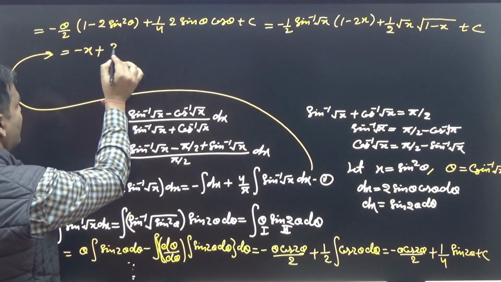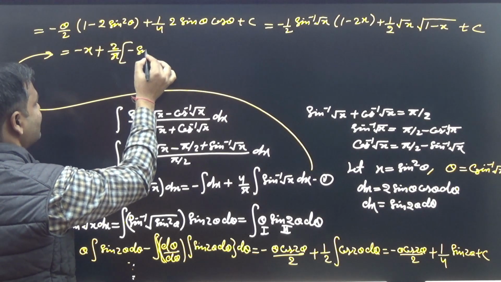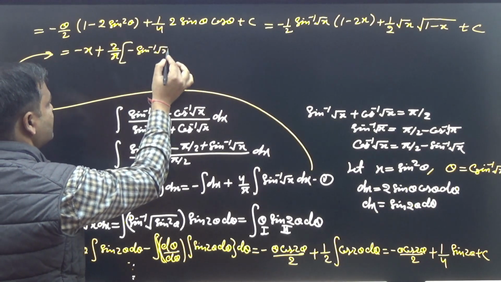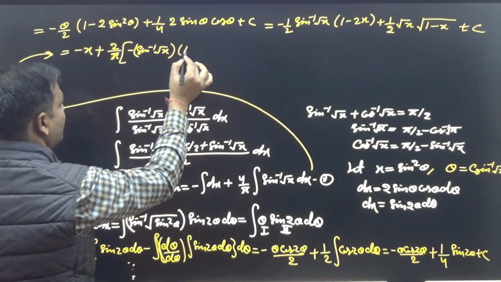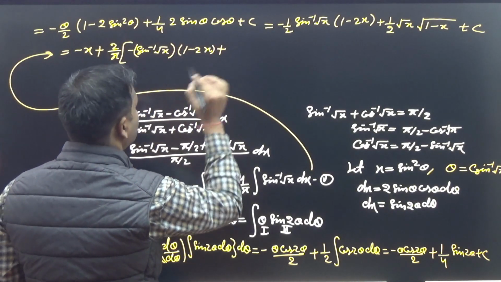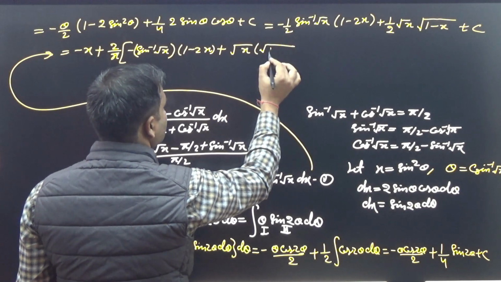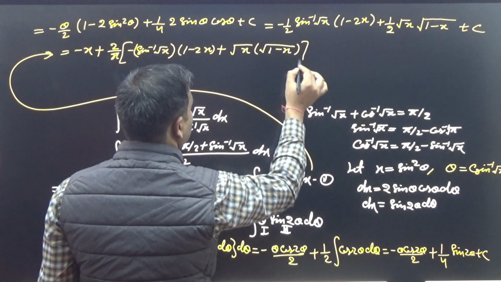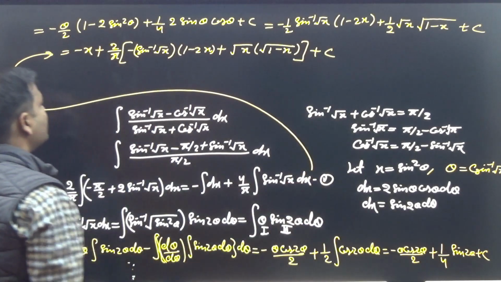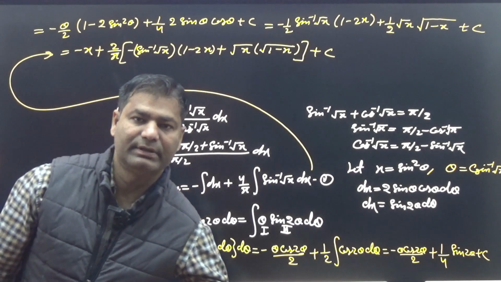So 2 by pi, and minus sin inverse root x, and here 1 minus 2x, plus root x into root of 1 minus x, plus c is the right answer. Make a note of it. If anyone faced any doubt, then tell me, I will explain again. Okay, make a note of it.